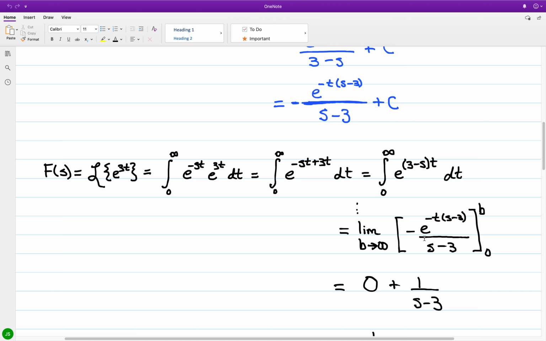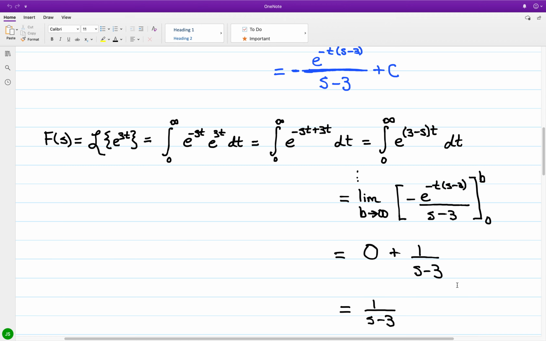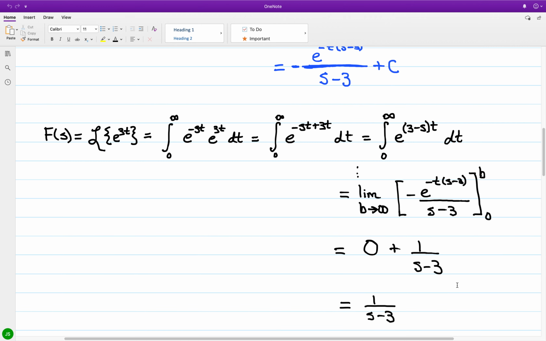And so at the upper limit, this will go to 0. And you have subtracting what we have in the lower limit. We have negative times the negative is a positive. e to the 0 is 1, and we have all over s minus 3. So the Laplace transform of e to the 3t comes out to 1 over s minus 3.